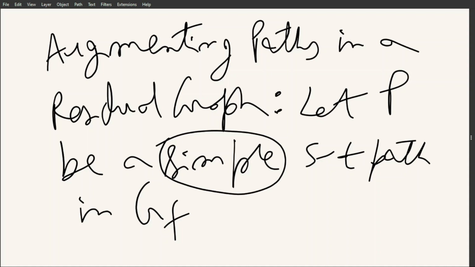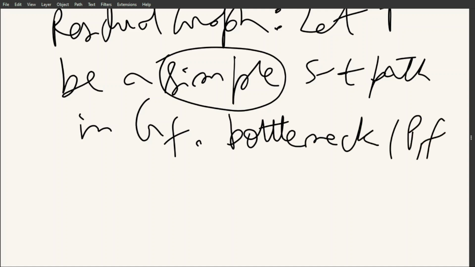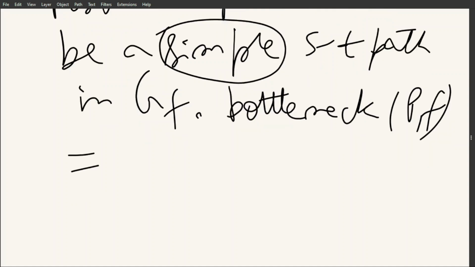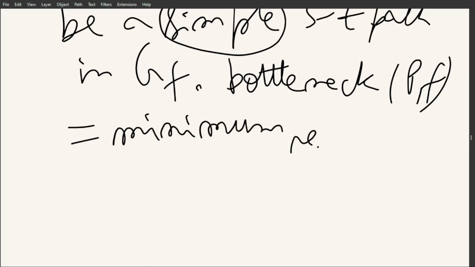Next we define the bottleneck of path P with flow F. So we define the bottleneck, bottleneck(P, F). This is equal to the minimum residual capacity.